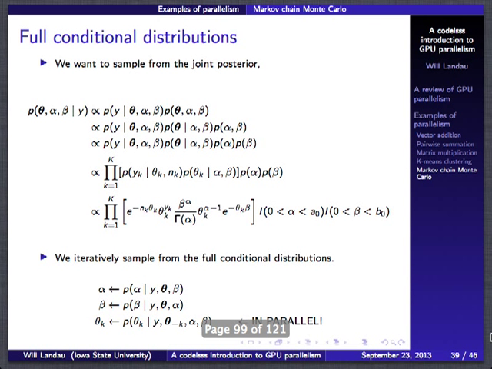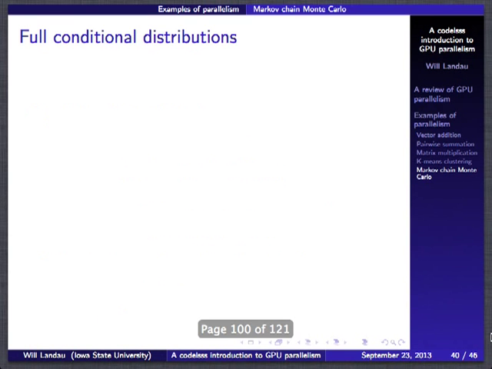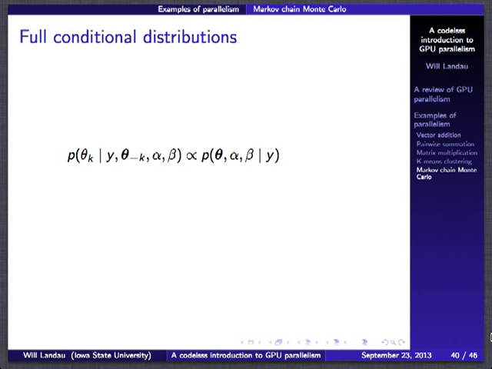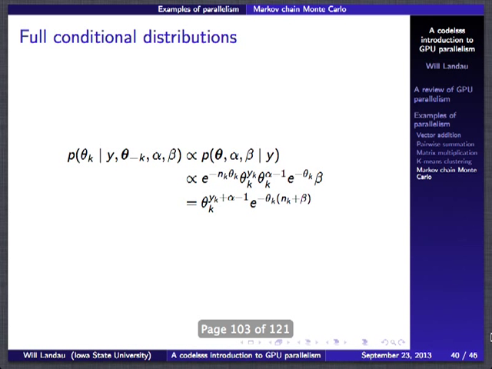So we've got a couple of minutes to see what these full conditional distributions actually are. I'm not going to go through them too quickly because I only have a couple of minutes. Let me just show you that each theta k turns out to be a gamma distribution. You can view these steps online on the slides.